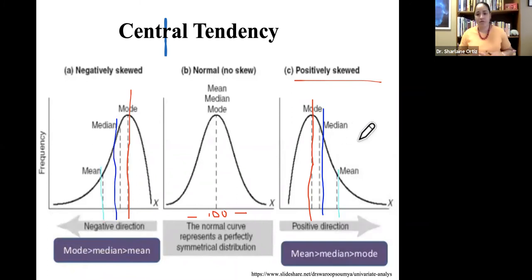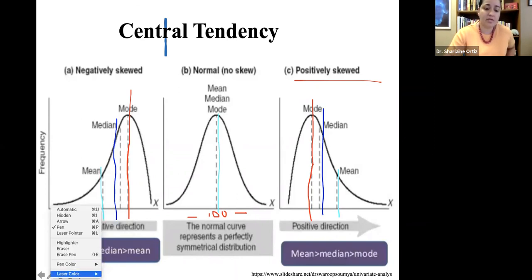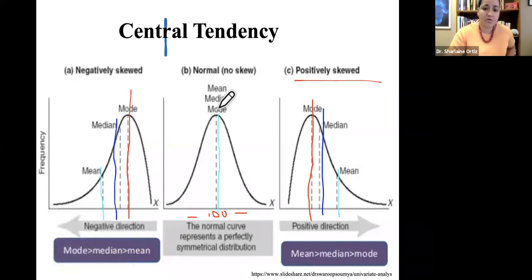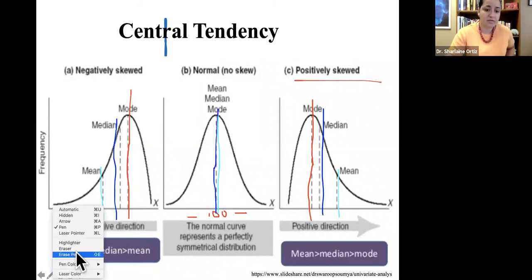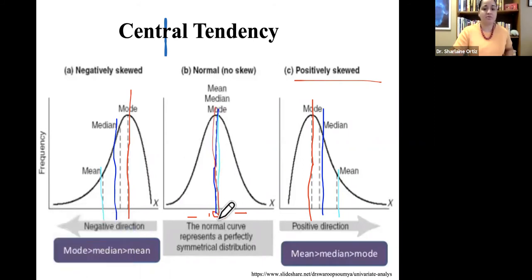All right. So if you notice, in the case of a normal distribution, everything was down the middle. There was no real difference between the numbers. Whereas here, we have the mean greater than the median, and the median greater than the mode.